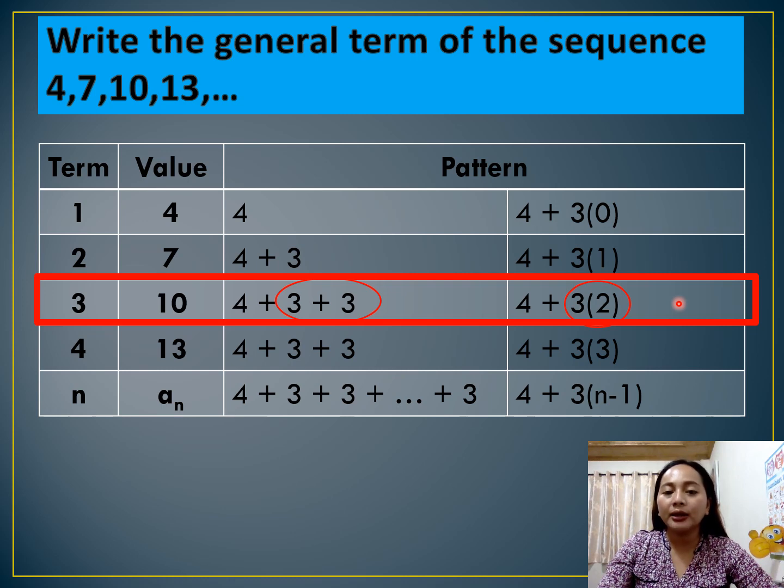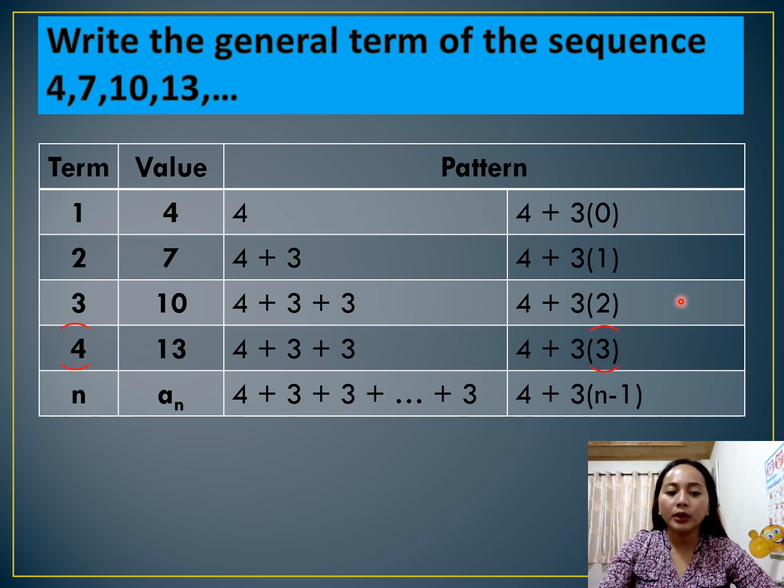What makes 3 times 2 at this time? Because 4 is added by 2 number 3's. Now, do you have any idea on what will happen to the next row? On the next row, the term is 4 and the value is 13.